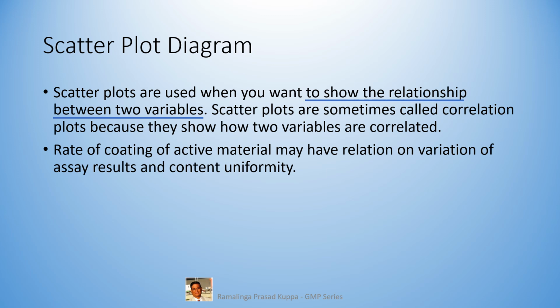Any increase in spray time may lower the assay. This is illustrated in the scatter graph in the next slide. Half of the points are located above the trend line and half below the trend line. This example is for negative correlation.